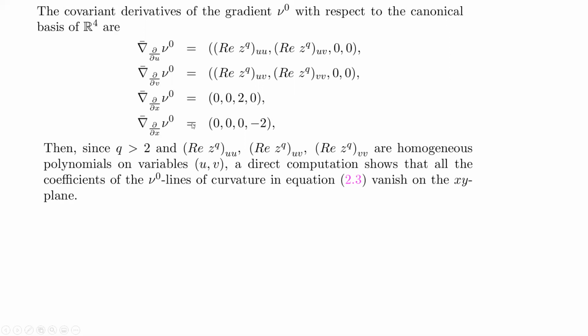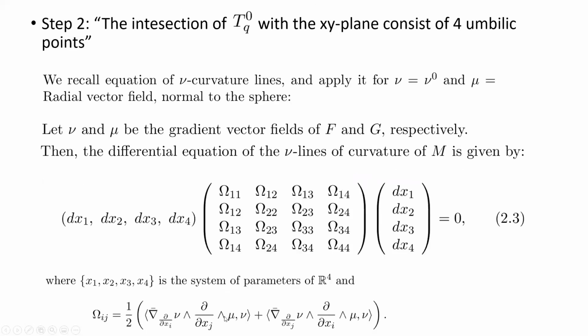This means that when you consider the XY plane, these have to vanish. So the vanishing of these components implies that in the XY plane, the configuration that I showed here vanishes completely, because you have these derivatives that vanish for this normal.